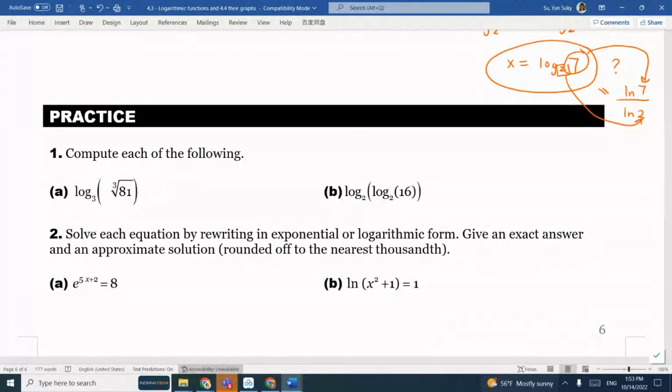You will have base to the x, which means 3 to the x, not 3 times x. 3 to the x equals 3 to the power of the 81.